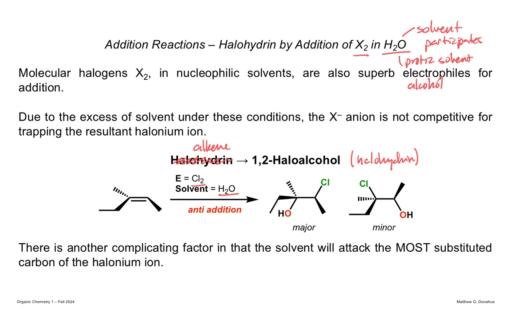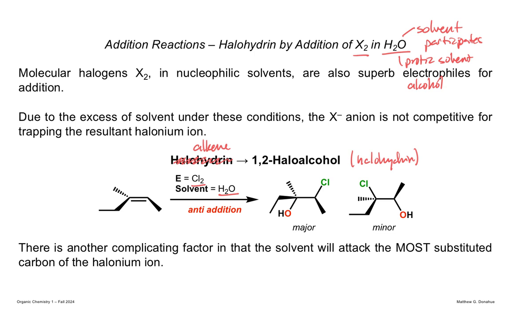We were using this model alkene that was tri-substituted, so that necessitates we consider the regiochemistry. Where it says E equals Cl2, that's your electrophile. That reacts with the pi bond, and then the solvent is going to be the nucleophile that attacks the other carbon of the alkene.